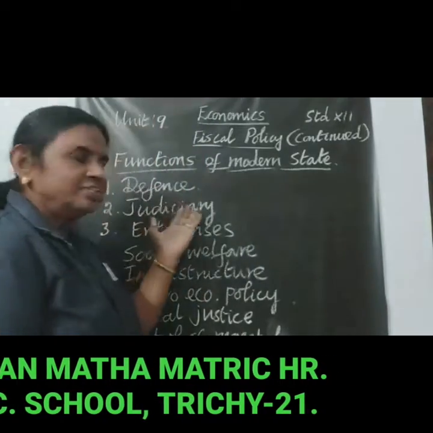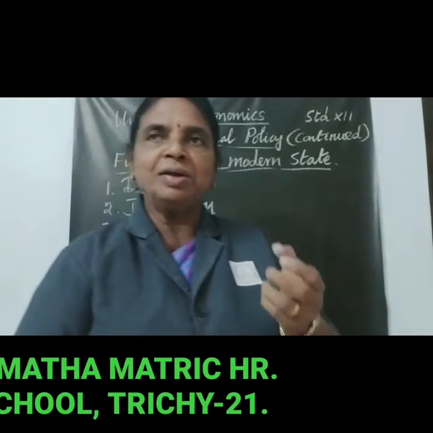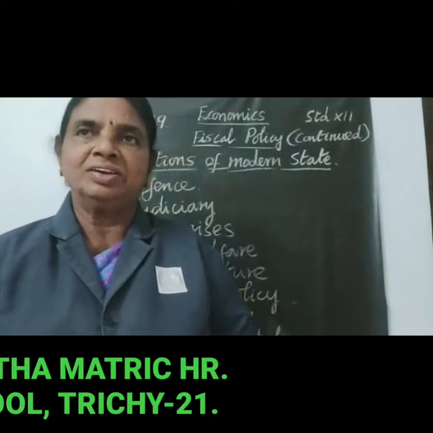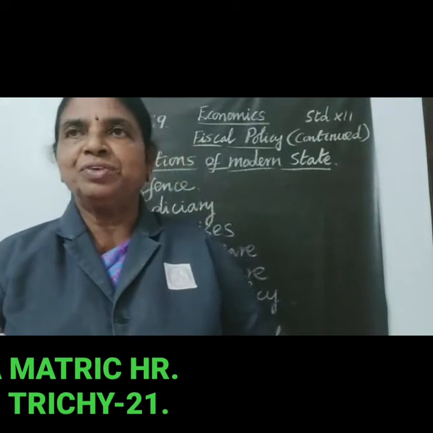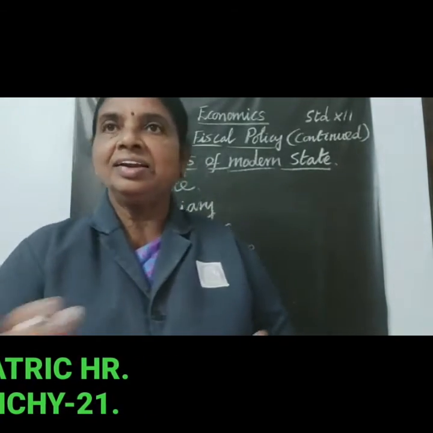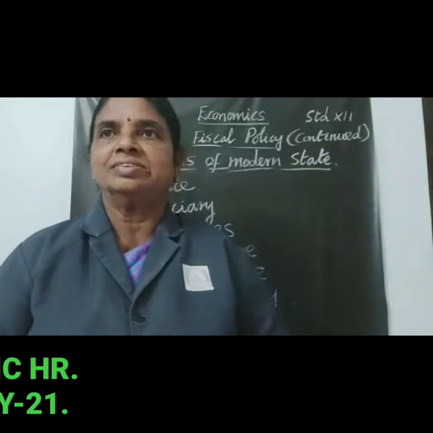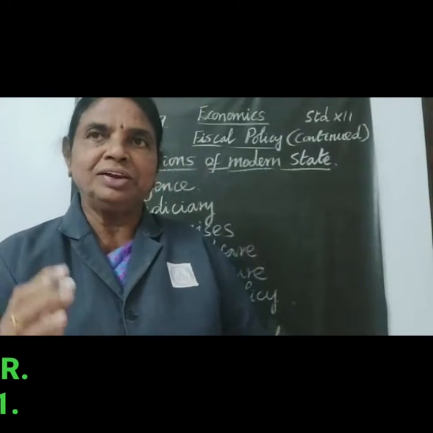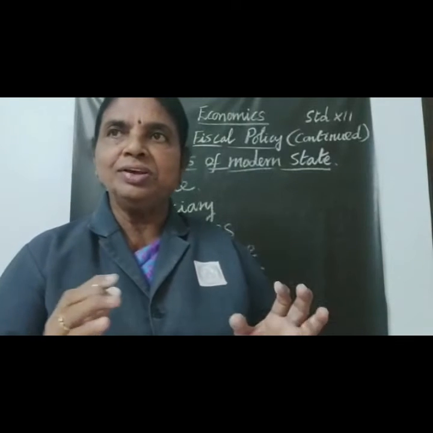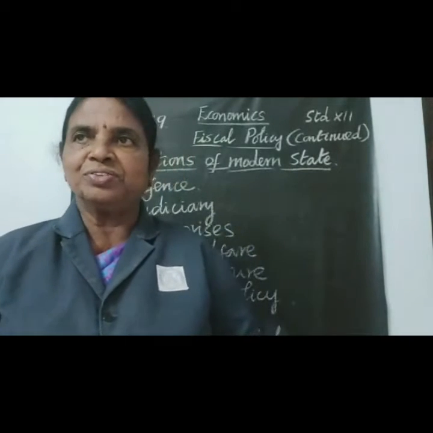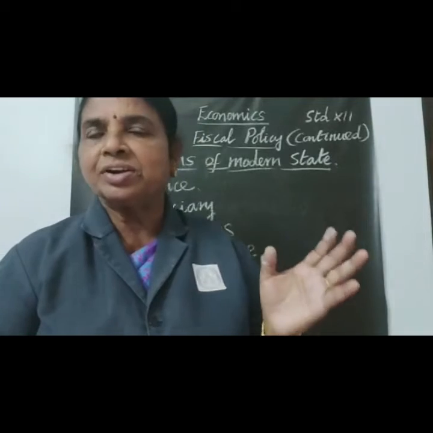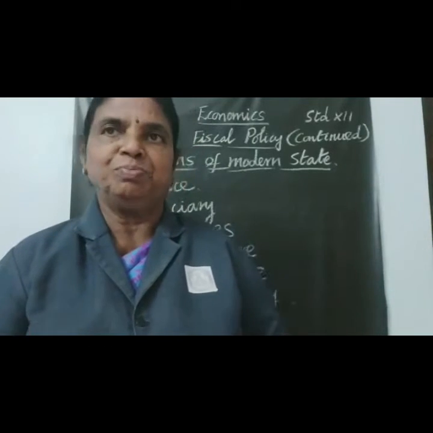First, defense. The primary function of the government is to protect the people from external aggression and internal disorder and crisis. The government has to maintain adequate police and military forces and render protective services to the people.